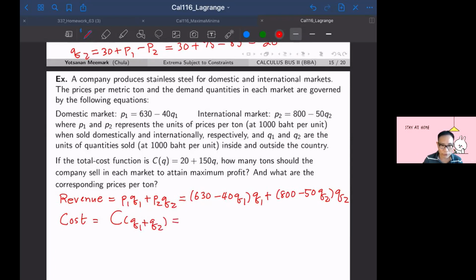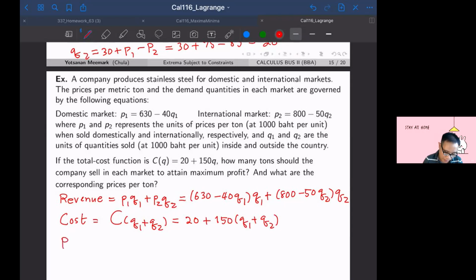The total cost function turned out to be the cost function when you produce Q1 plus Q2 pieces of your product here. So you have C of Q1 plus Q2 is gonna be 220 plus 150 times (Q1 plus Q2). Okay, so that's my revenue and my cost function respectively.